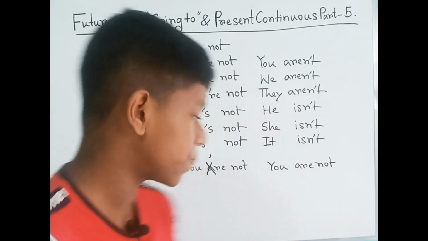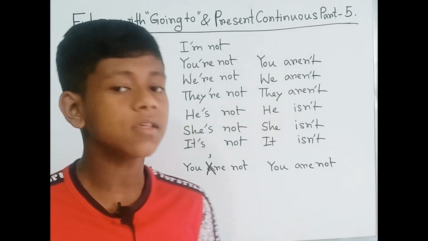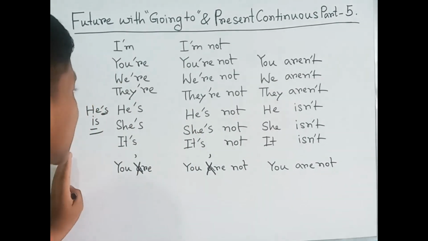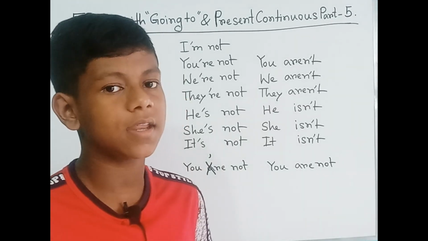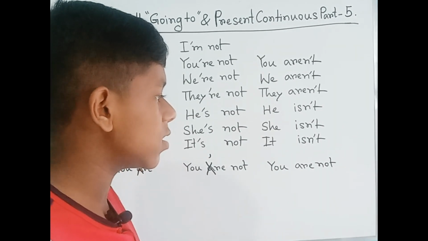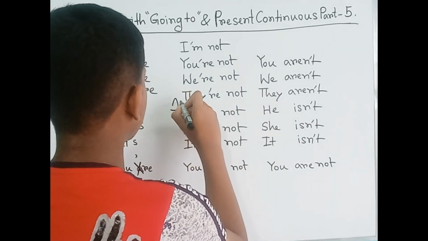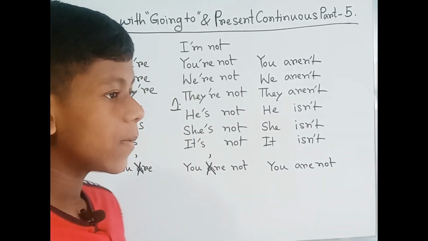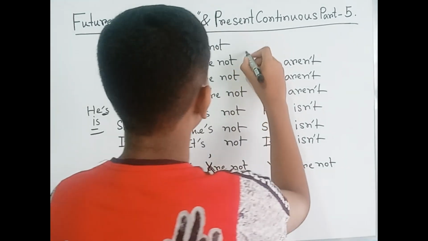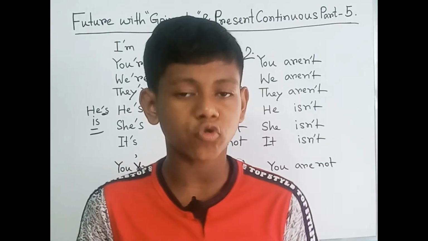So here you can say that by adding the contraction the spelling changes, same like positive and same like negative. You can call this rule number 1 of negative. Now we will watch rule number 2. What's rule number 2 here? In the negative there are 2 rules.